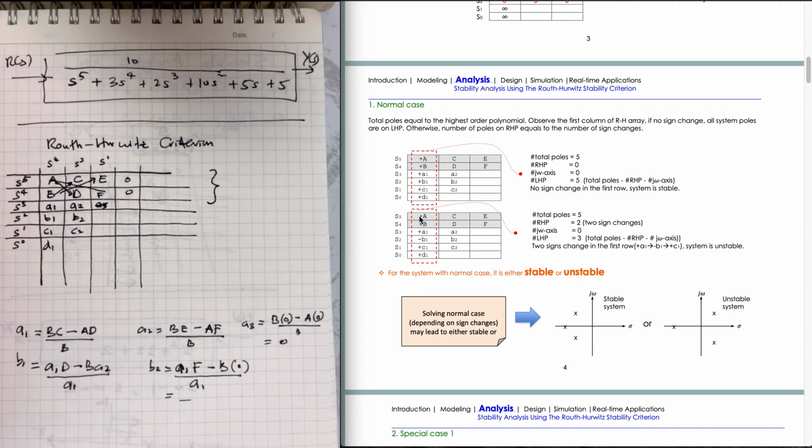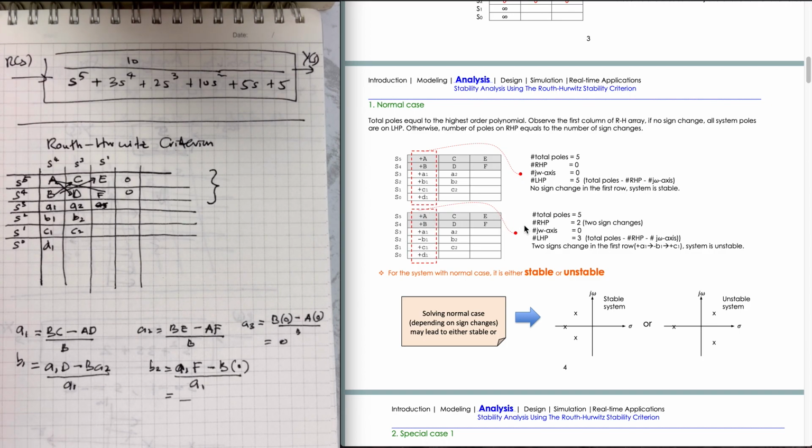You can count from the top one, A plus, plus, we go to B, which is plus. There's no sign change. Then to the next, that's 1 sign change. And then there's another sign change. That's 2 sign changes, and then there's no sign change. So there are 2 sign changes.